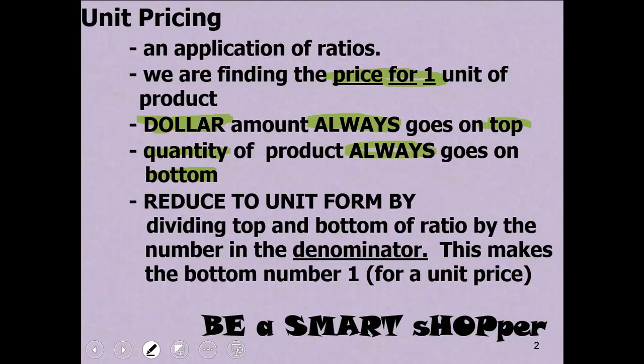And then you're going to reduce to a unit by dividing top and bottom by whatever number it takes for the denominator to be 1. And we're going to do this so that we can be good stewards of our money. Be a smart shopper.